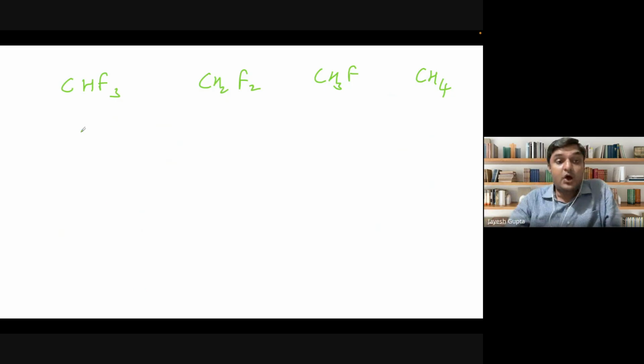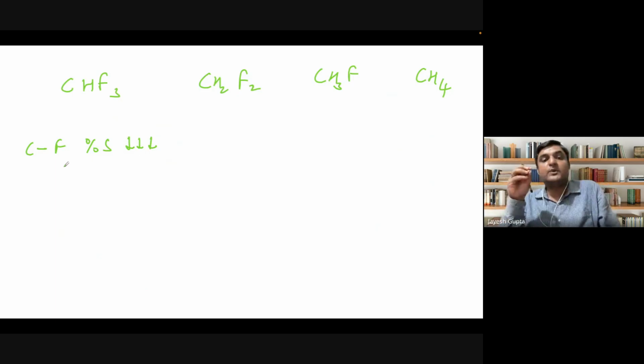Now the orbital in which fluorine bond is made, carbon fluorine, here percentage S character will decrease, because higher electronegative atom goes to the orbital with less percentage S, because the bond pairs will repel each other.